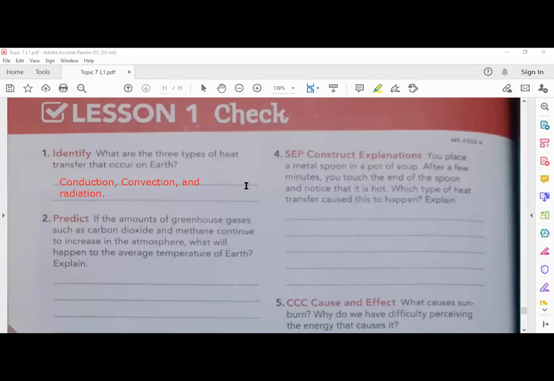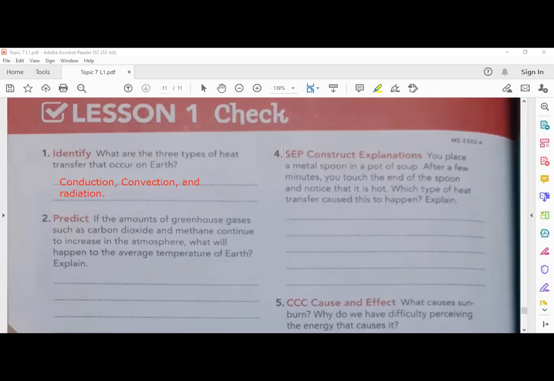If the amount of greenhouse gases such as carbon dioxide and methane continues to increase in the atmosphere. As you know, carbon dioxide and methane both are called greenhouse gases. If their amounts in the atmosphere are increasing, what will happen to the average temperature of Earth?